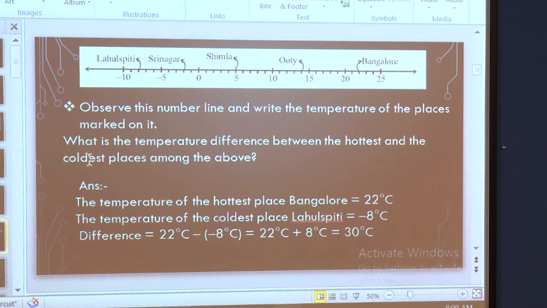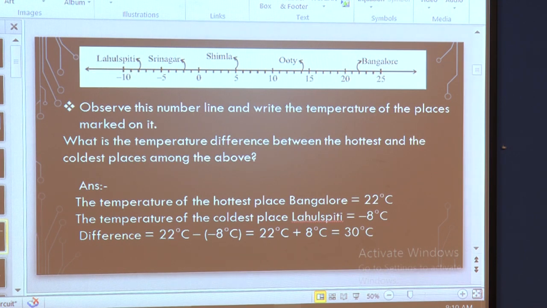So, what is the temperature difference? The word difference means we have to go for subtraction. The difference between the hottest and the coldest places among the above: the hottest is Bangalore, which is 22 degrees Celsius, and the coldest place is Lahaul Spiti, which is minus 8 degrees Celsius.